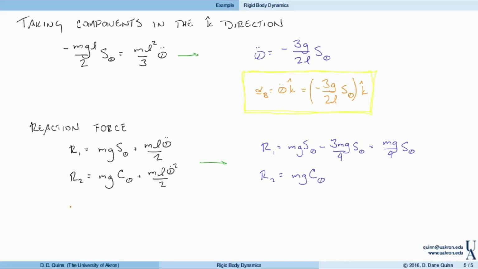So the final reaction force can be written as R equals R1 in the E1 direction plus R2 in the E2 direction, or finally plugging in for the components, mg over 4 sine of theta in the E1 direction plus mg cosine of theta in the E2 direction. And that's our expression for the reaction force.